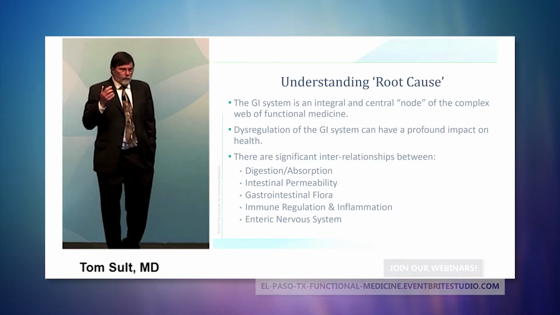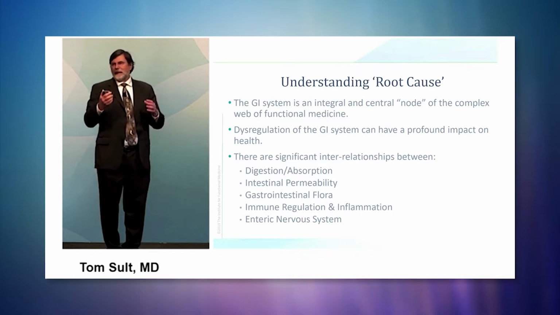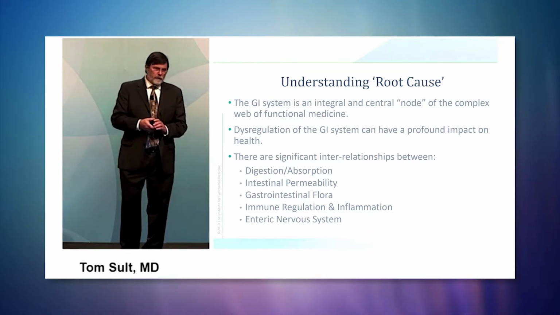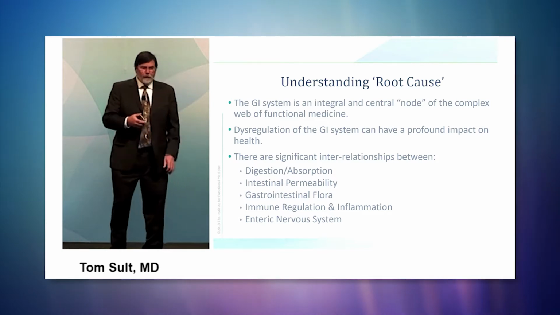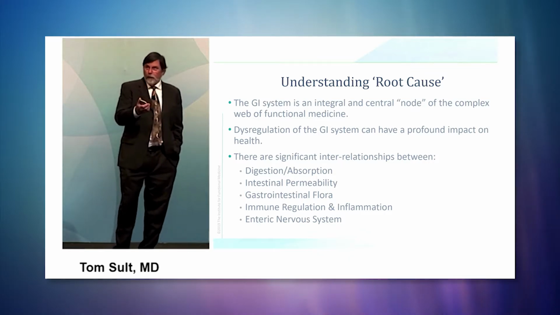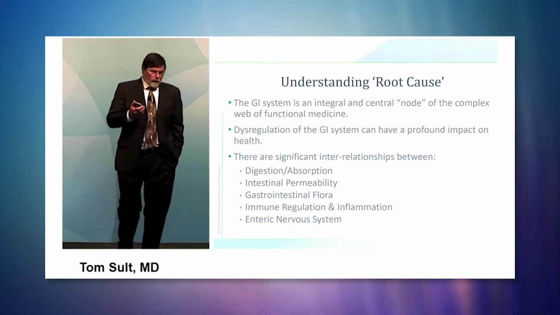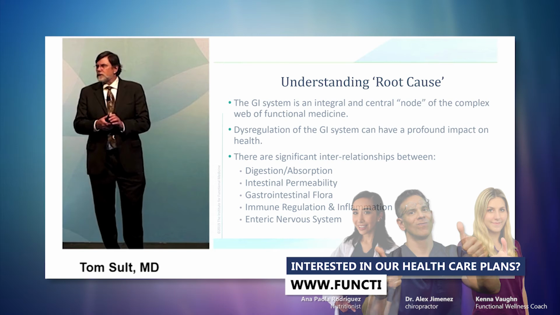And remember what Dr. O'Brien was talking about, this dig-in idea, the notion that the gastrointestinal system is related to, obviously, digestion and absorption, but also this idea of intestinal permeability, this idea of the flora and the microbiome, immune regulation and inflammation, and enteric nervous system interactions.